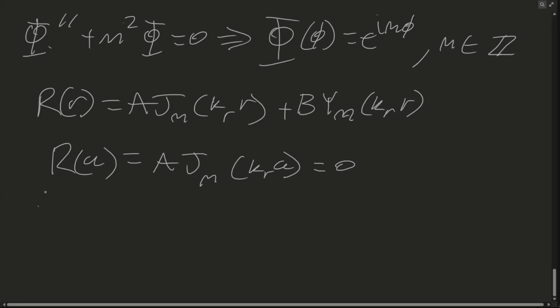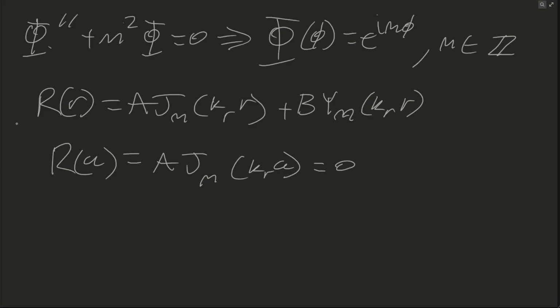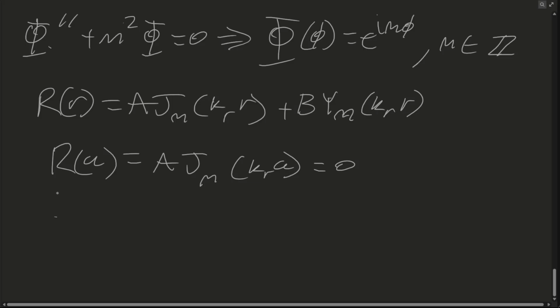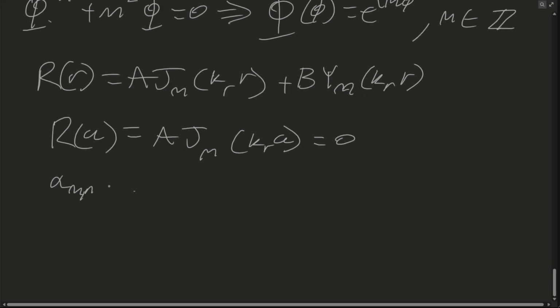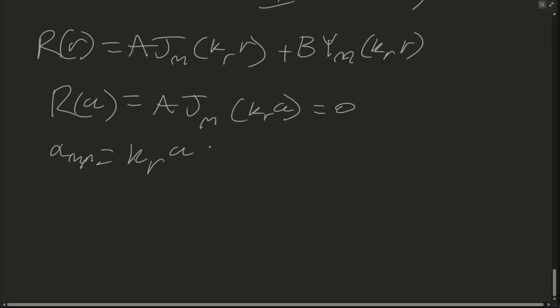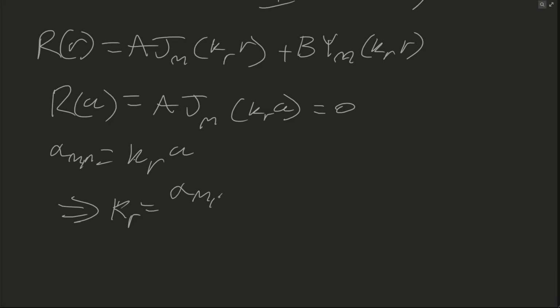Now I think it's possible to learn these, but I'm not going to. The quantization condition, if we let this alpha_mn be the nth zero of the mth order Bessel function, in this case it's J, is that k_r a is equal to this alpha, and hence k_r is equal to alpha_mn over a.